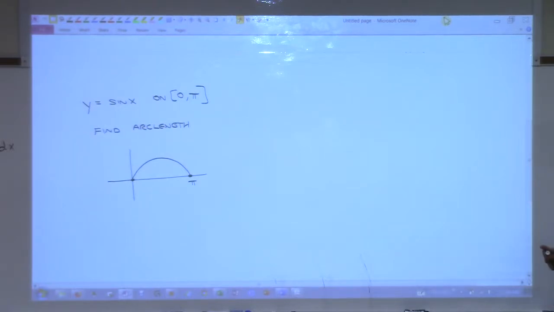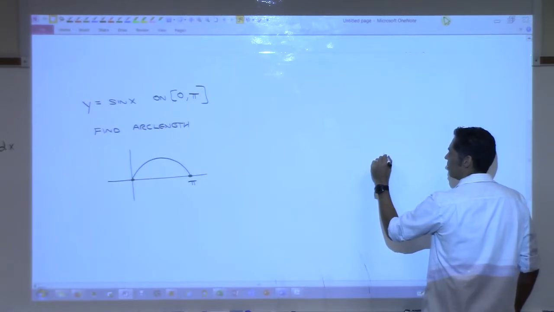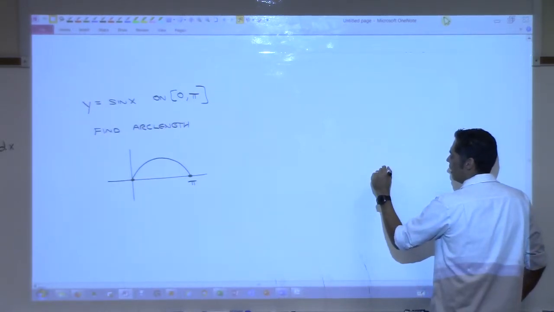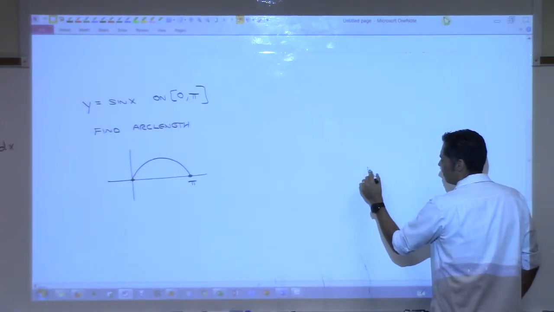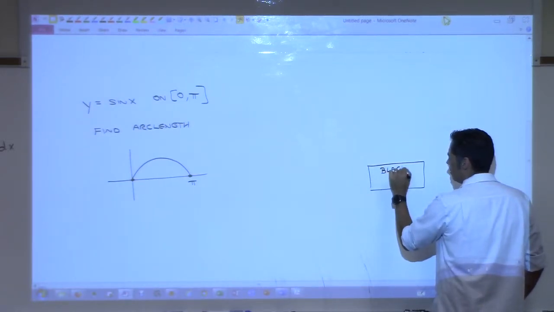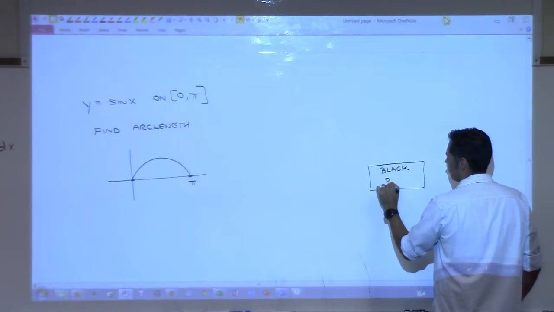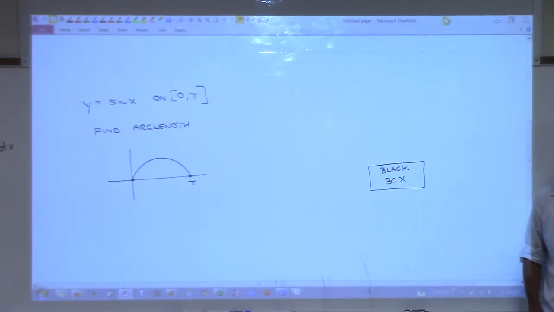When I was in school, I took a class called numerical analysis. It was a senior level math course, and the project for the semester was based on the black box idea. Let's say you have a structural engineer who needs to build a bridge.